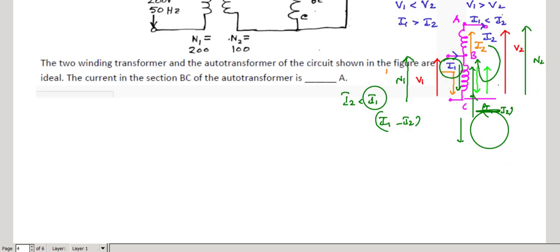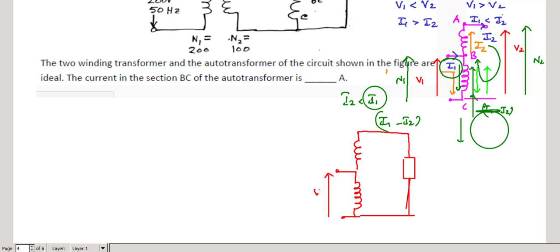So hope you understand. Let's see clearly. This is a step up transformer. I am taking a load, then you get a clear idea. This is V1 voltage I am giving, this is voltage V2 and the current I2 here.